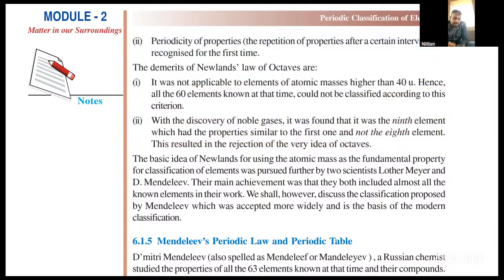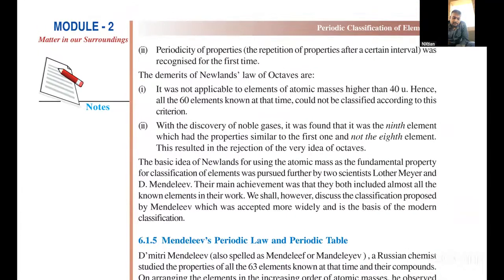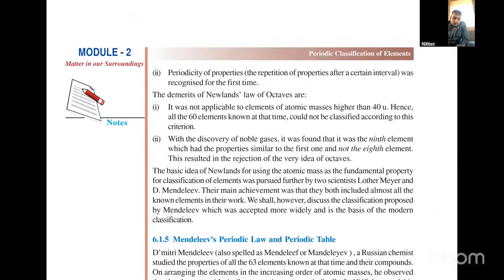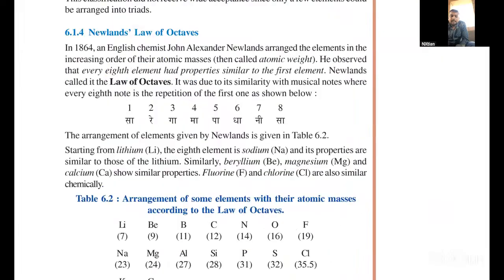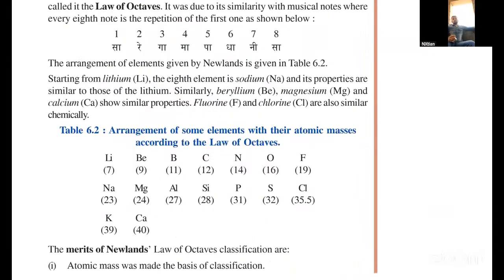Now listen, guys. When he was doing this, there were no noble gases here. So, what is a noble gas? Noble gases are gases like neon, argon, krypton, xenon. These are called noble gases, which have the property of inertness.